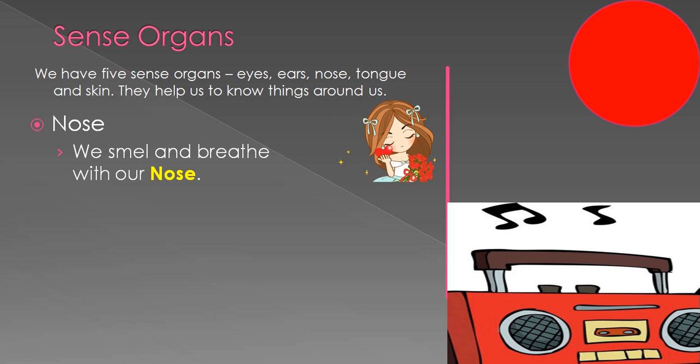If you have a small brother or sister at home, a baby, go and see, they are breathing. Every human being, all living creatures, they breathe. And here we see that the nose helps us to smell and breathe.